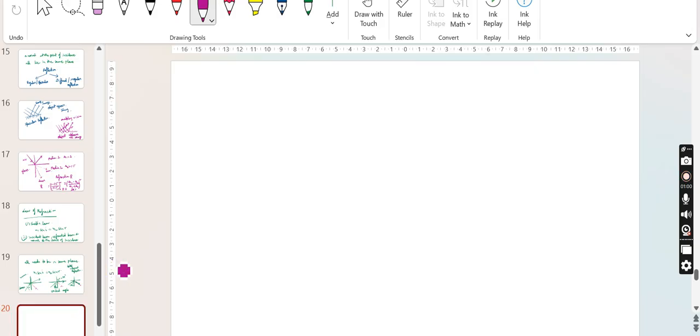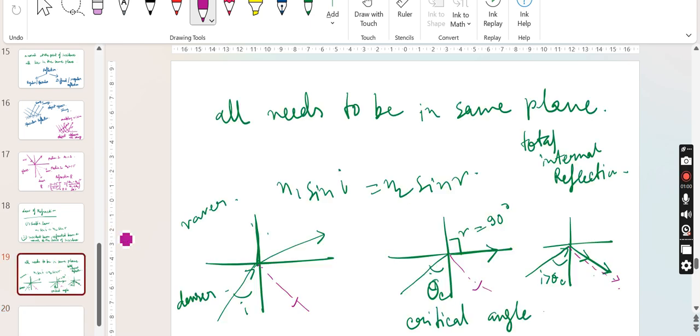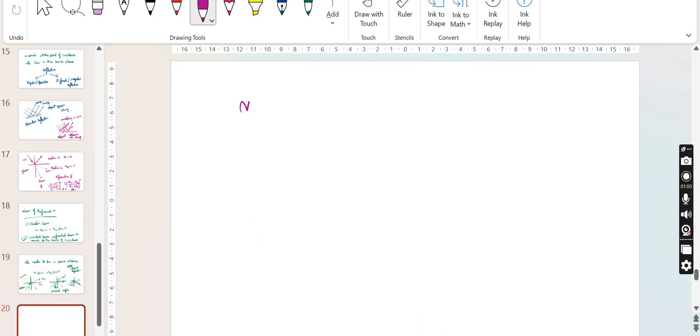So according to Snell's law, if this is n1 and n2, then n1 sine theta C for the critical angle equals n2 sine 90 degrees.